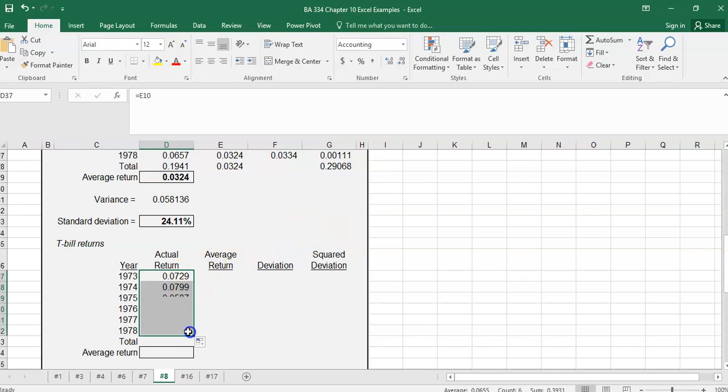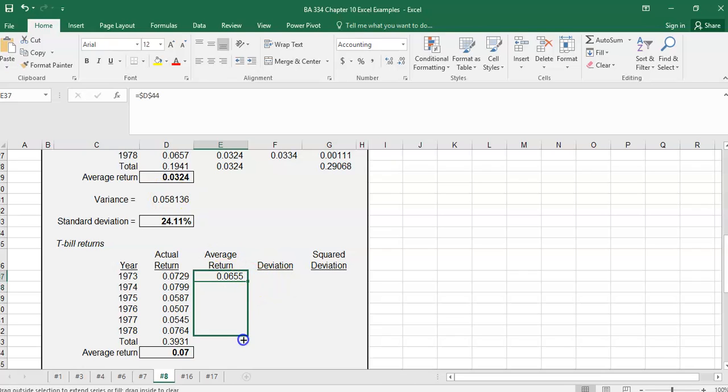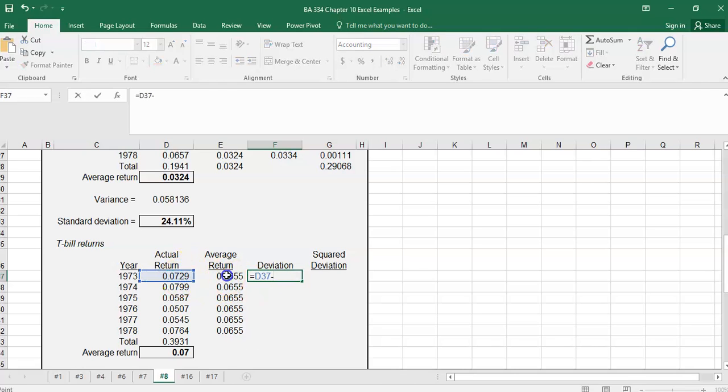We'll notice that because T-bills have less risk, their average return doesn't have as much variance as the return of stocks does. So we have 6 years of information divided by 6 to get our average. Deviation is the difference between those.